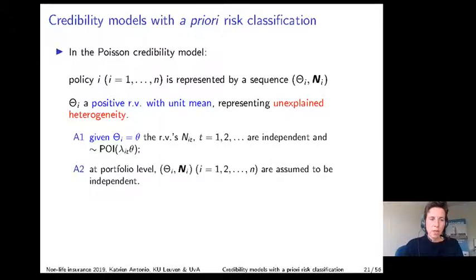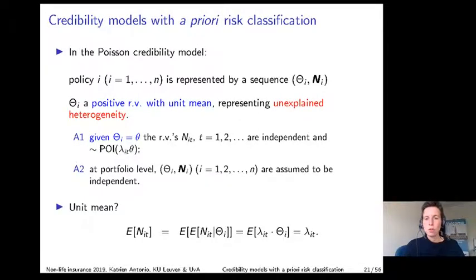Now, the fact that theta_i has positive support is straightforward to understand. Given theta as a realization of this random variable, you see that the mean of the Poisson distribution is lambda_it multiplied with theta. That construction only works if the mean is positive, thus the theta value should be positive.